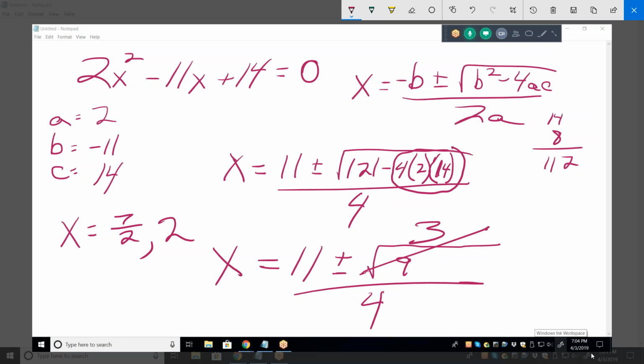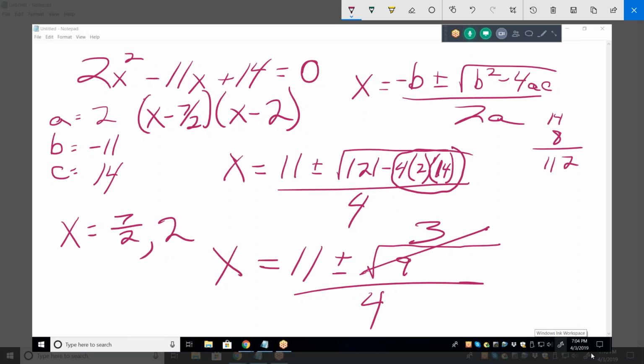Right. Now, this is kind of interesting. What it really means is that we actually could have factored it with those two results, but it's hard to factor something like that into fractions. So the quadratic formula was probably the easier way to do it.